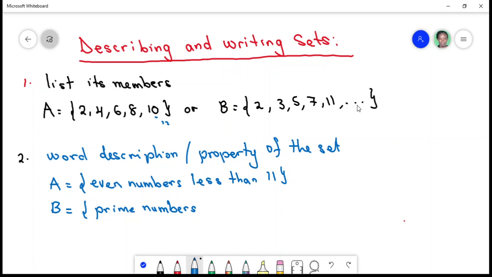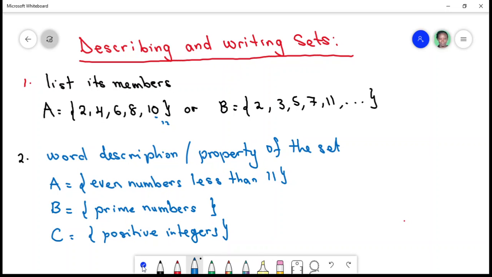Because of the missing numbers, it means that it continues. So I actually have a set of prime numbers. That is the description. You could have, let's say, a set C to be positive integers.